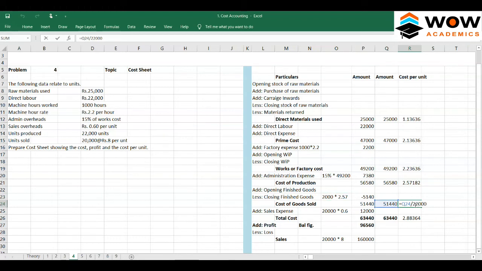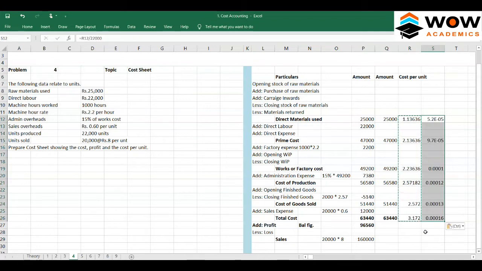Because we have wrongly taken 22,000, we have to take only 20,000 units sold. So both these numbers will become similar numbers, and here the total cost is for 20,000 units. So this number comes to 3.172. So ensure that you understand these numbers properly. So if you want, I'll put it here.